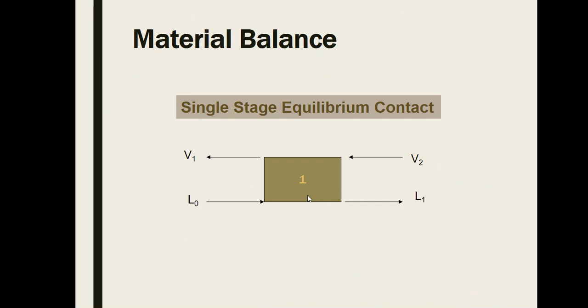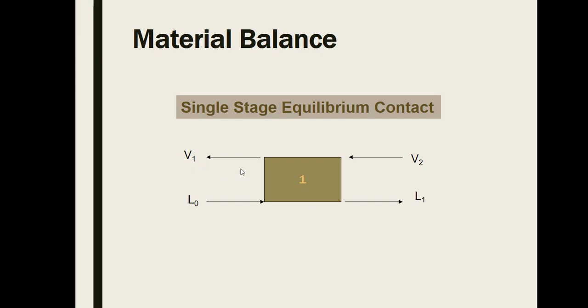Now, for the material balance for gas absorption, if it's a single unit gas absorption equipment, you will label the phases based on the subscript of this particular single unit. So L1 for the liquid phase that leaves the stage, L0 for the liquid that enters the stage, V2 for the solvent that enters, and V1 for the solvent that leaves.